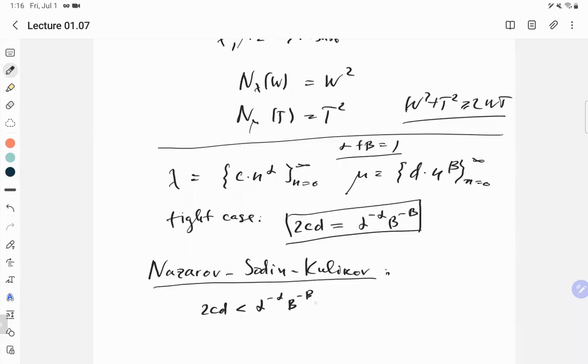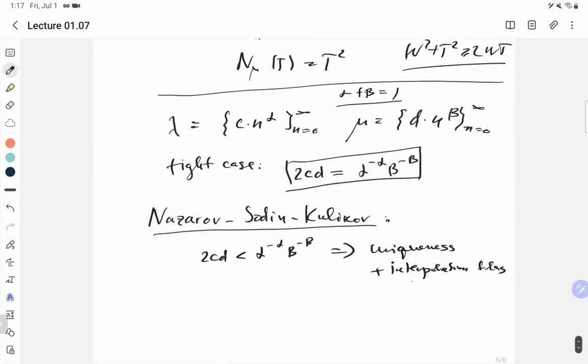They proved that if you're away from this tight case, then the heuristic that I described is actually precise. In this case there is uniqueness, and interpolation formulas coming with it. The only problem is there are too many interpolation formulas. There's not one that you can pick, but there are lots of them.